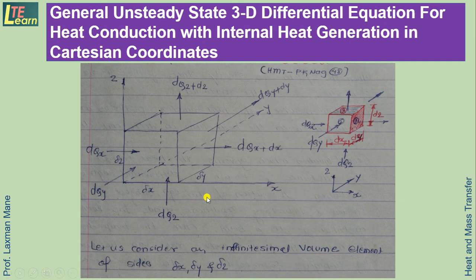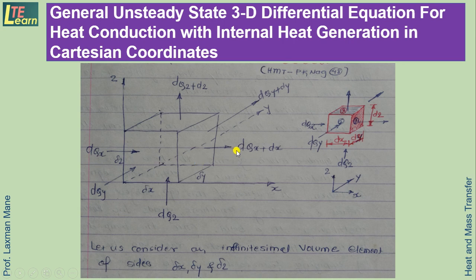Here in the figure we see an infinitesimal volume element of sides dx along the x-axis, dy along the y-axis, and the third side dz along the z-axis. Here we see heat entering along the x-axis left face, that is dqx.